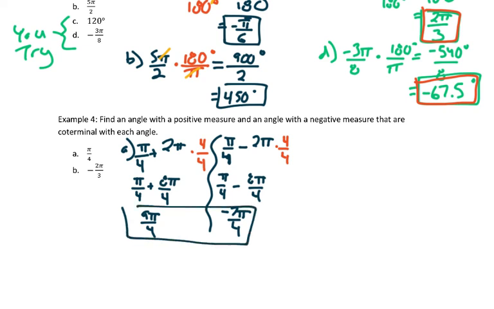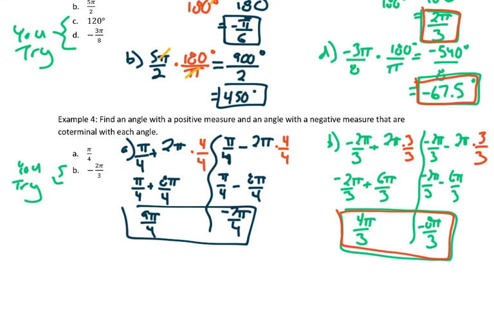And there's my two answers. So I'd like you to pause the video and try B. Find coterminal angles for negative 2 pi over 3. Go ahead and check your answers. You should get 4 pi over 3 and negative 8 pi over 3.